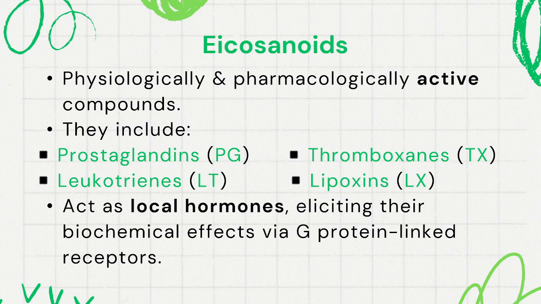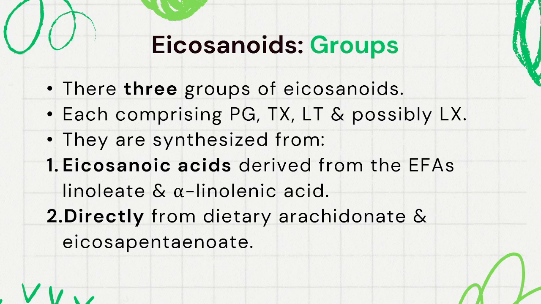Regarding metabolism of eicosanoids, let us refresh our memory regarding what we mean by eicosanoids. They are physiologically and pharmacologically active compounds, as we said, and include prostaglandins, thromboxanes, leukotrienes and lipoxins. They act as local hormones, so they will act in the nearby vessels. They will elicit their biochemical effects via G protein-coupled receptors.